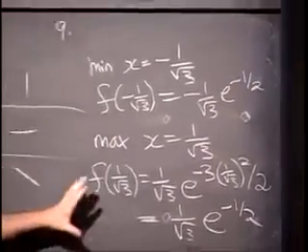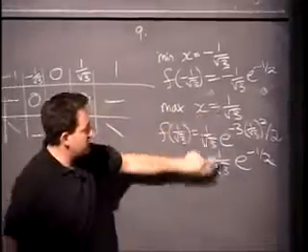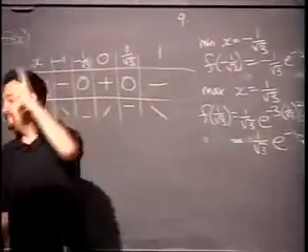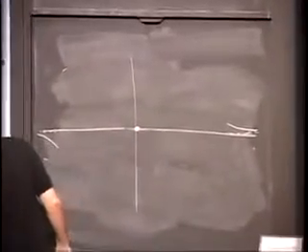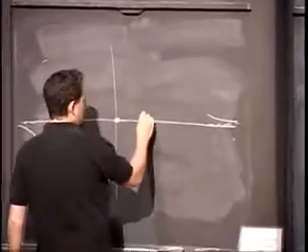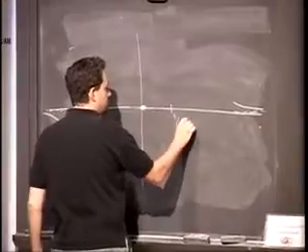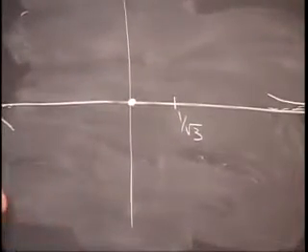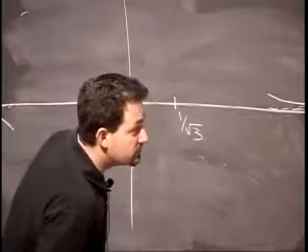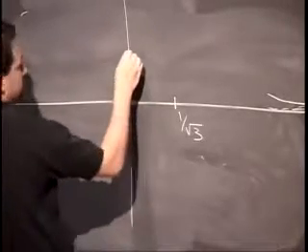Okay, having found those values, the x-coordinate and the y-coordinate, let me come over to the graph and mark this in. So, 1 over root 3, the height is 1 over root 3 e to the minus 1/2.